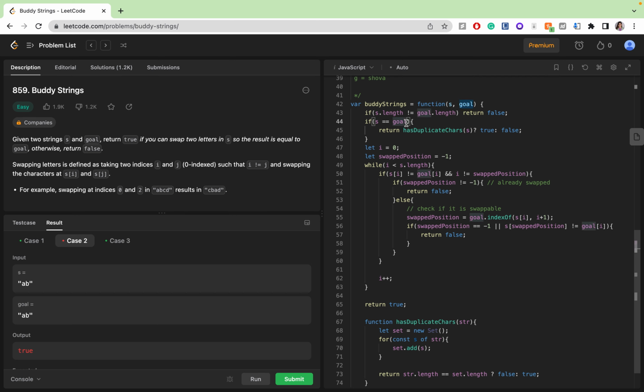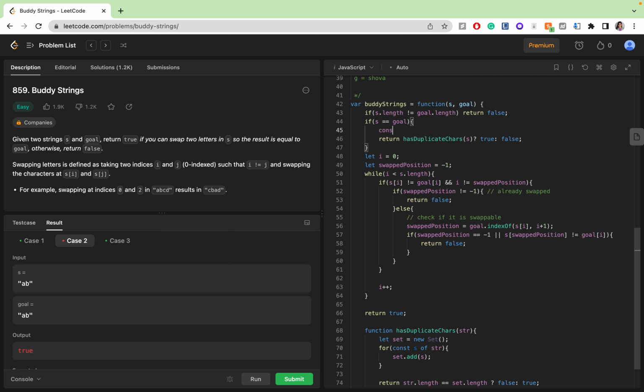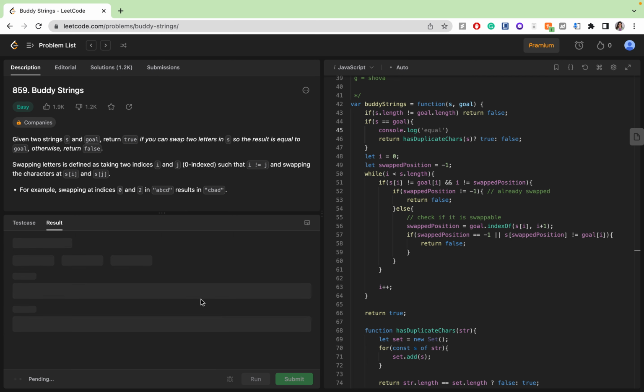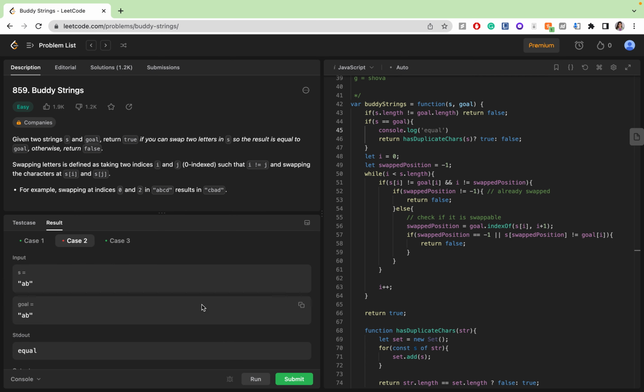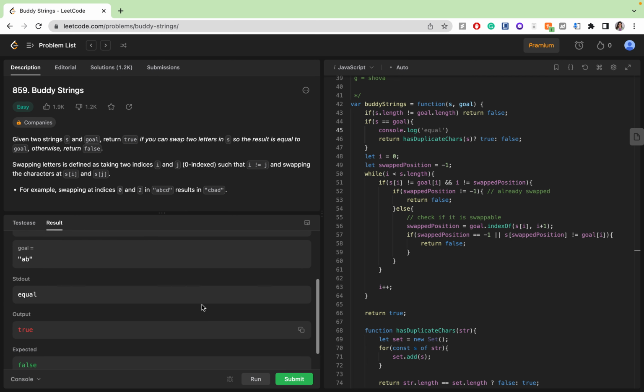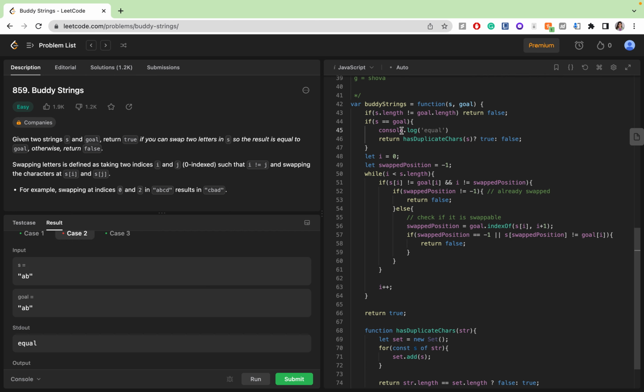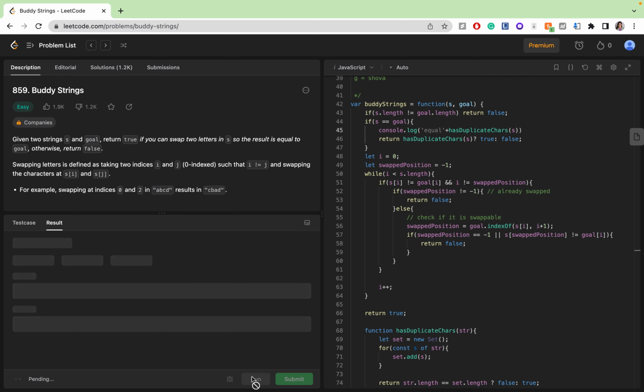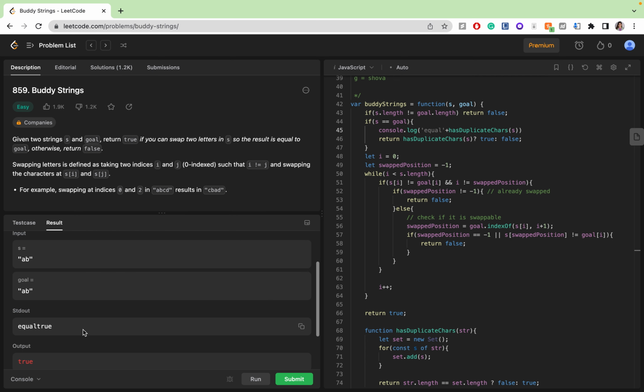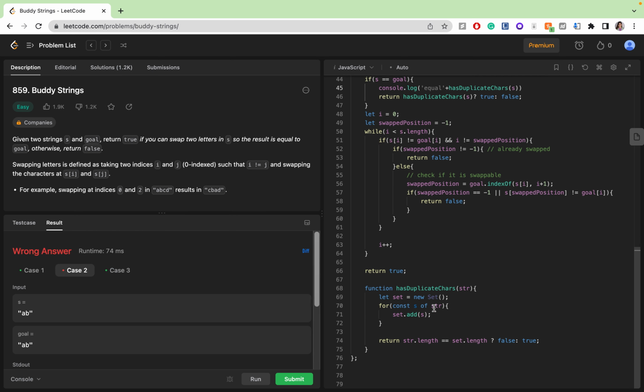A s is equal to goal, right? They are equal. And s has duplicate characters, true. Why is it true?